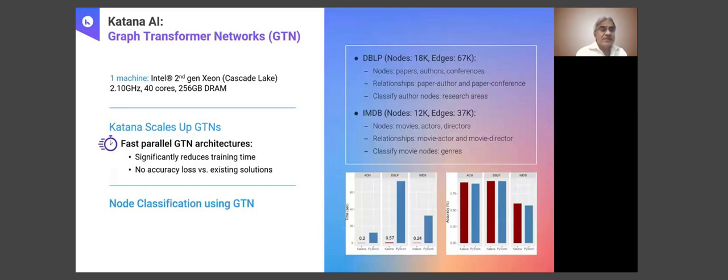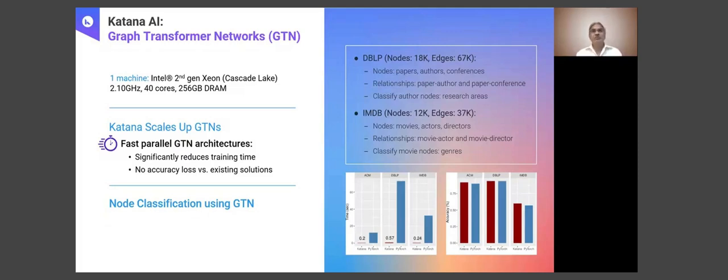This is some recent work on graph transformer networks. So this is something that we developed for the precision medicine use case. And I'm not going to go through the details of the running times and accuracy, but I want to make 2 points using this slide. The first is that we were able to improve the running time over previous algorithms for GTNs.